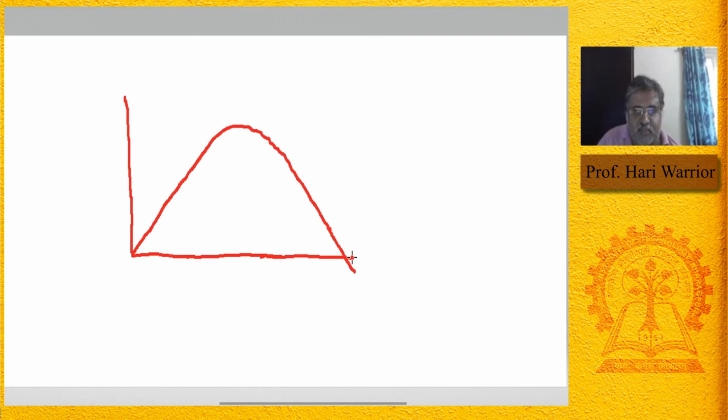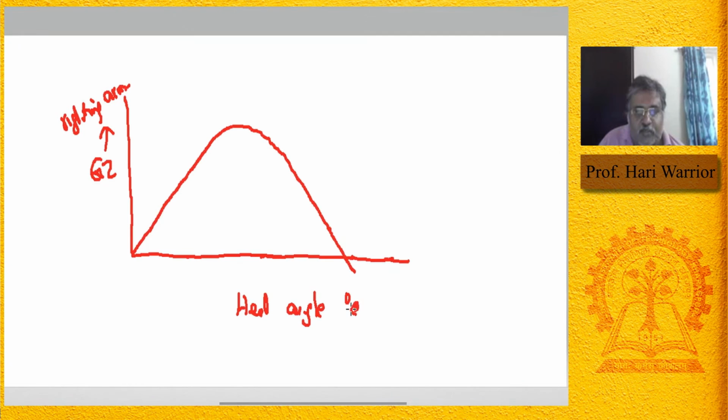Now what is this? This is GZ, the righting arm, and this is heel angle in degrees. Heel angle, and this is the GZ.